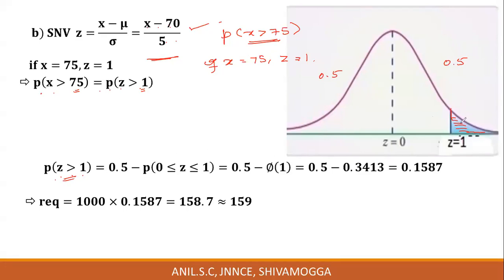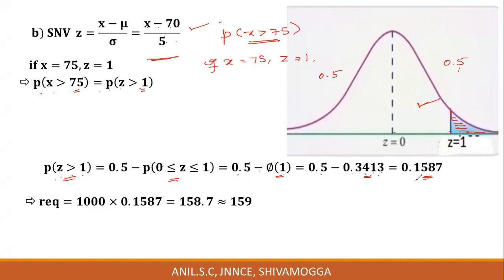Therefore, for z greater than 1, this area is obtained by 0.5 minus the unshaded area, where z takes values from 0 to 1. This is equal to 0.5 minus phi of 1, and the table value of phi of 1 is 0.3413. 0.5 minus 0.3413 is 0.1587.